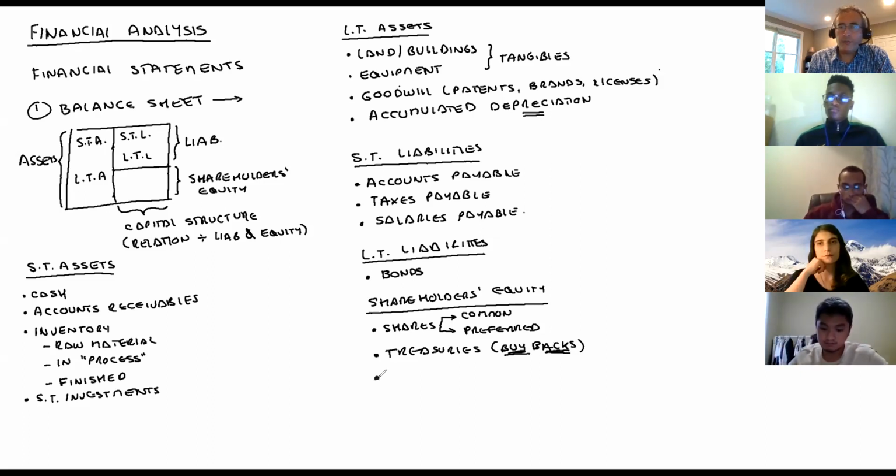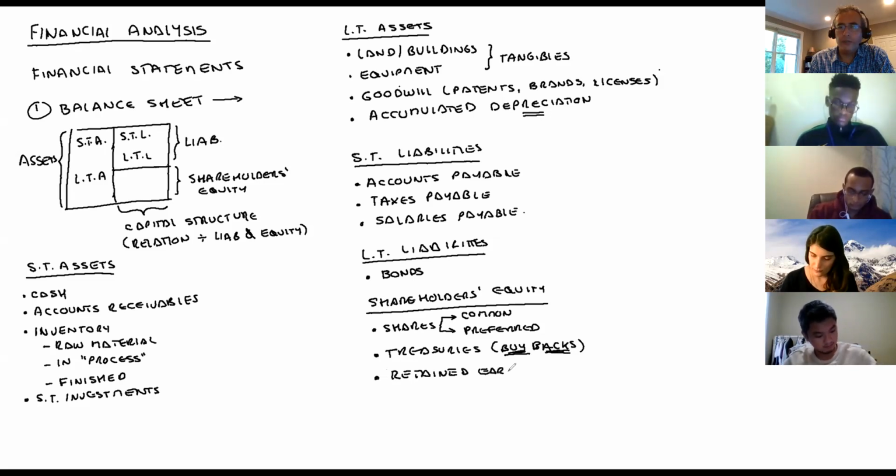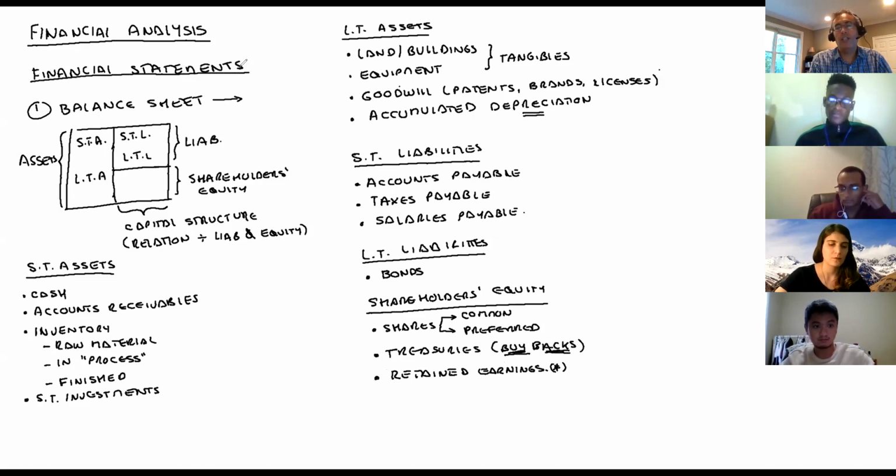And of course, later we have something called retained earnings. So I put a star here because retained earnings, guys, is the way in which the balance sheet communicates or relates with the profits and losses.